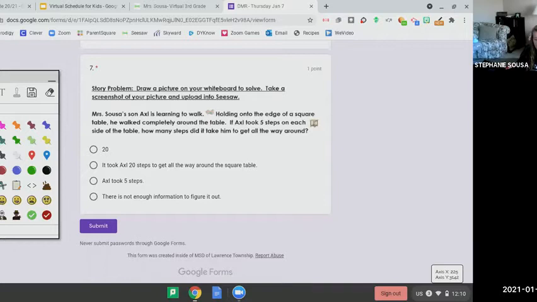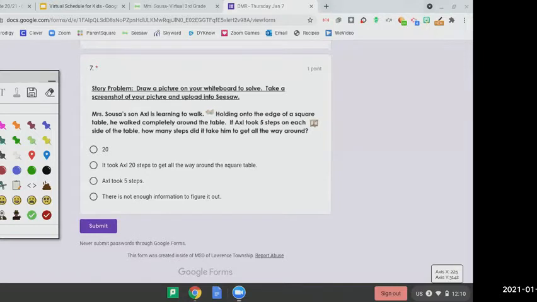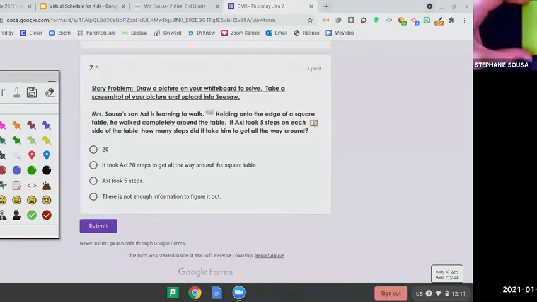So we have a nice little piece of paper here, and I'm going to draw a picture. Here is a tiny table. That baby Axel, with the pacifier in his mouth, is going to walk around. He is going to take 5 steps here, plus 5 steps here, plus 5 steps here, plus 5 steps here.